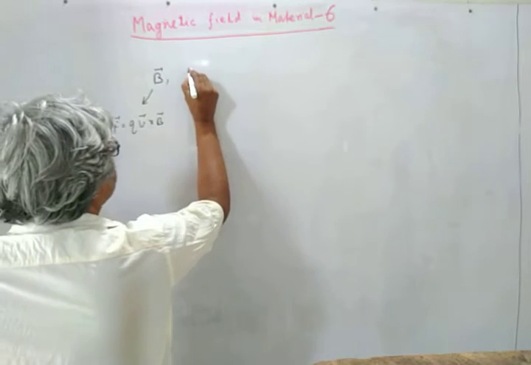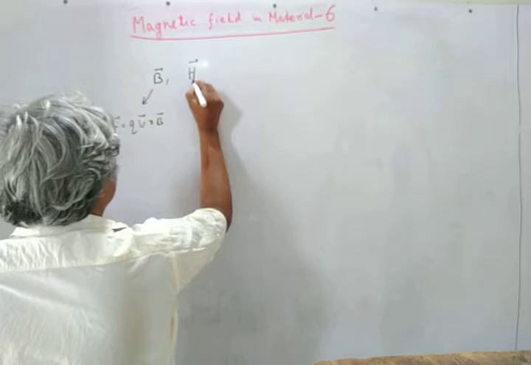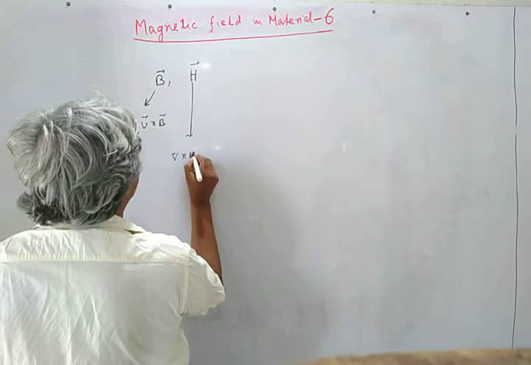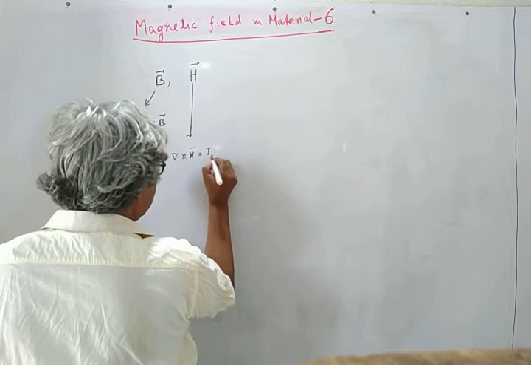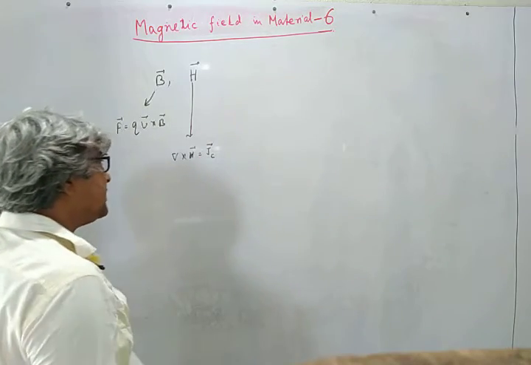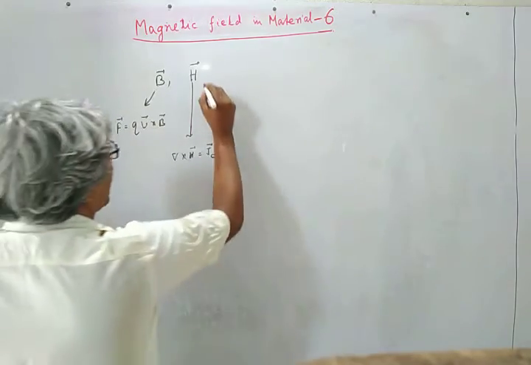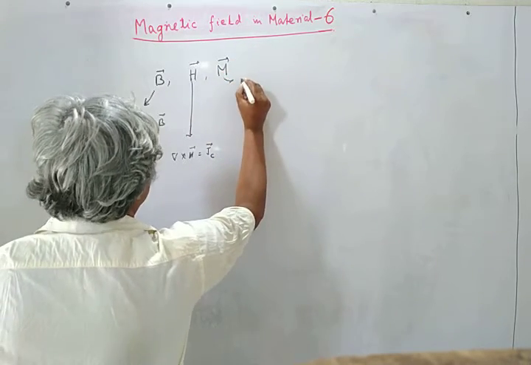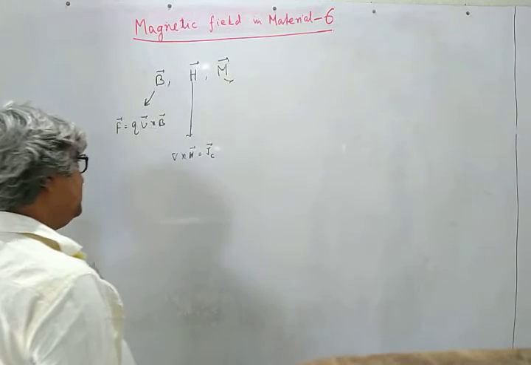Then we have the magnetic H field, which is given by curl of H equal to Jc, where Jc is the conduction current density, and we have the magnetization vector M, which is the dipole moment per unit volume.